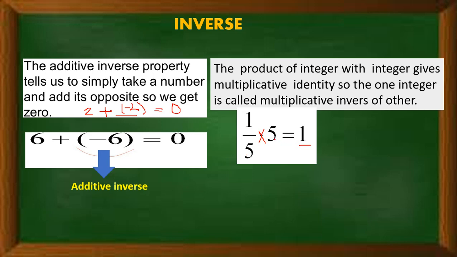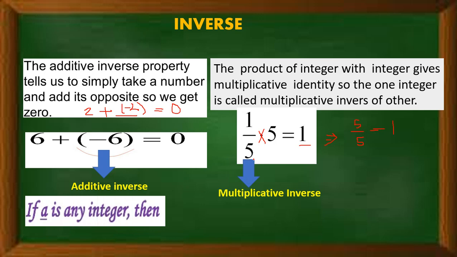So 5 upon 5, and 5 and 5 both will be divisible by 5. So finally we get the multiplicative identity 1 here. So this 1 by 5 is the multiplicative inverse of 5, or we can say 5 is the multiplicative inverse of 1 by 5. Both are multiplicative inverses of each other.